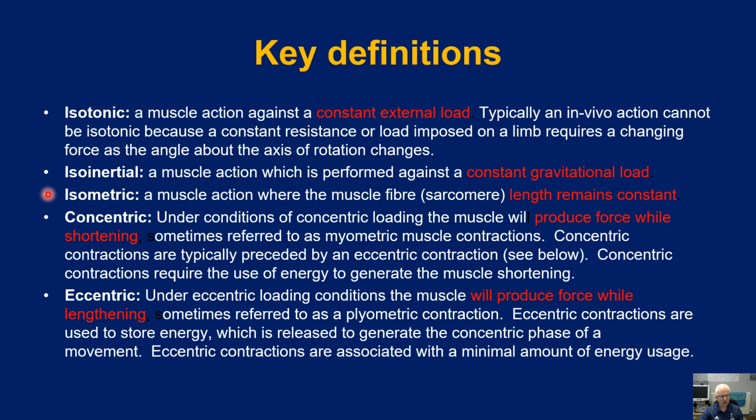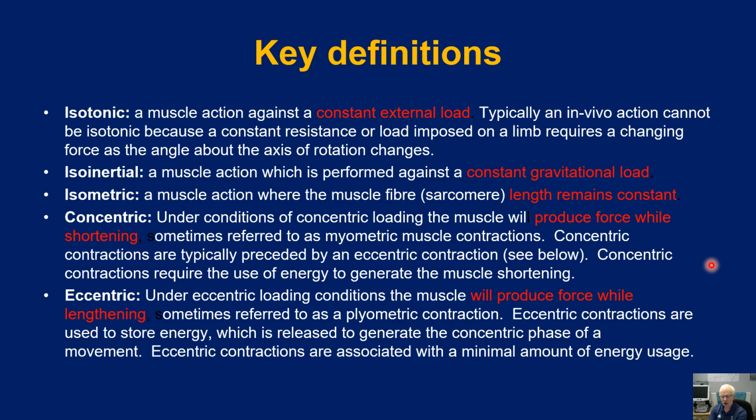The next characterization is isometric. Isometric, again, has been referred to in previous lectures, but just as a general recap, it's a muscle action where the muscle fiber doesn't change length, so the length remains constant. Then we've got our two muscle actions, again referred to in a previous lecture on muscle physiology and force generation: concentric and eccentric.